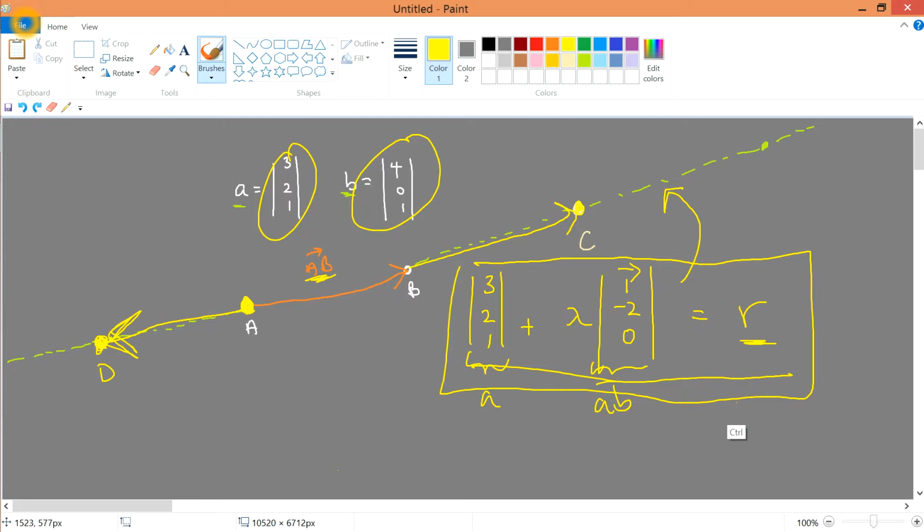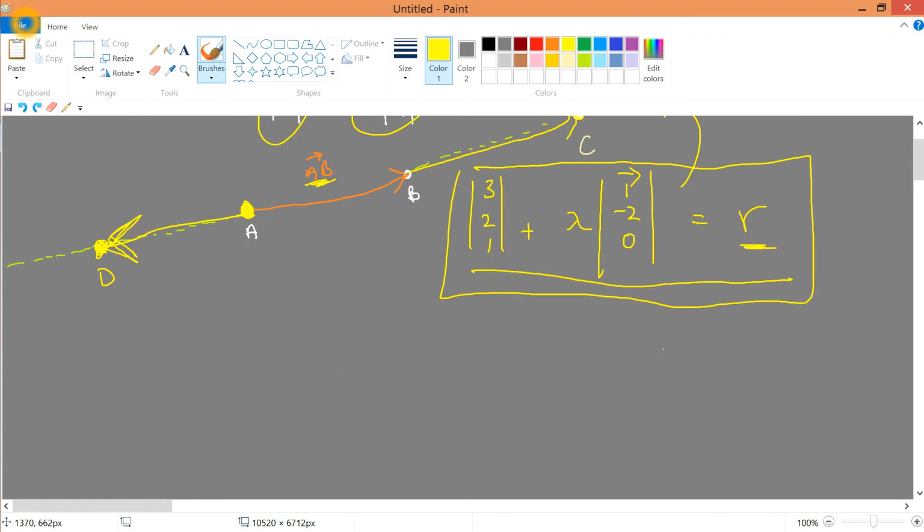If they want you to write in terms of parametric equations in the exam, you can take 3 plus lambda times 1 equals x, because r is in terms of x, y, and z.